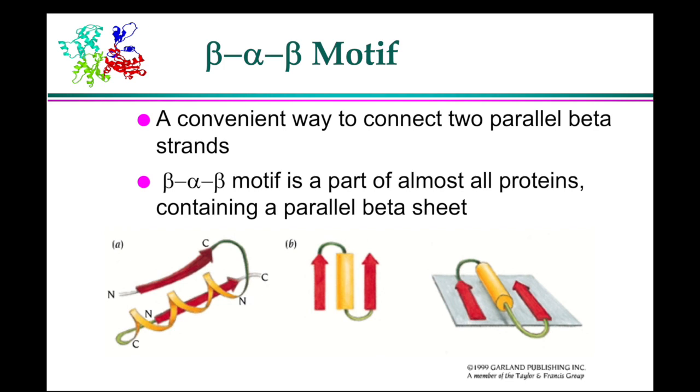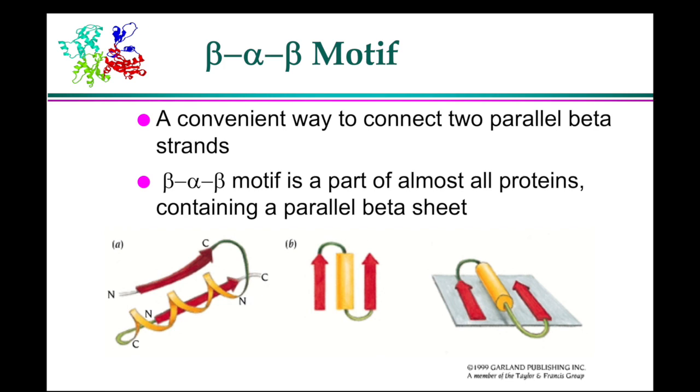We just talked about 2 structure components. Now we see 3 structure components: the beta, alpha, beta. So you have 3 elements. You see these 2 beta strands are parallel, and you have a helix in between.